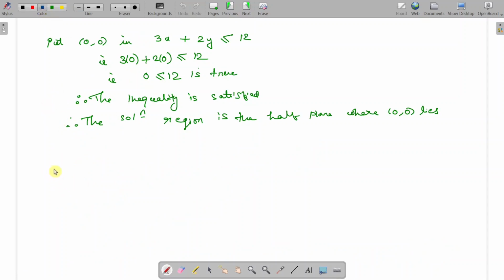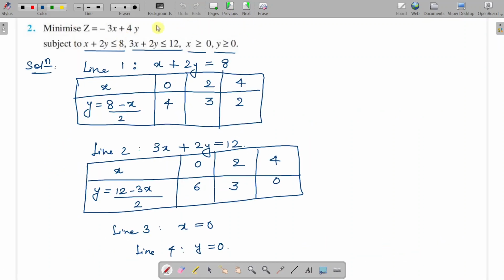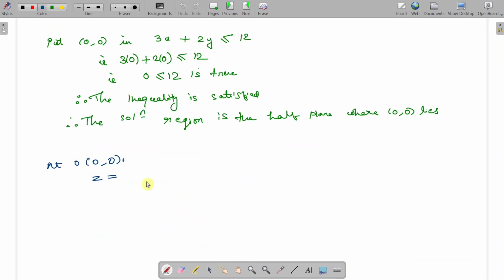Now at the corner points you have to find the value of z. So at first the origin, z is equal to what? Z is this, minus 3x plus 4y. So minus 3 times 0 plus 4 times 0, that is 0, right?